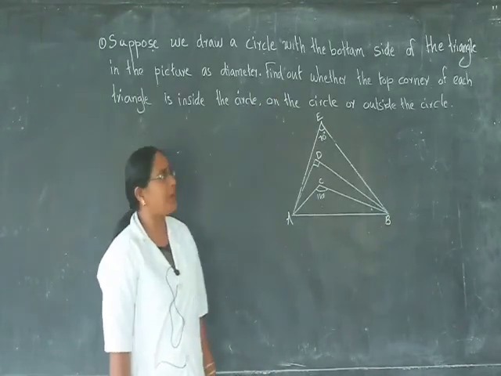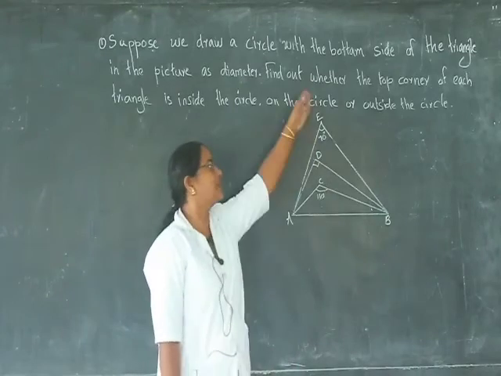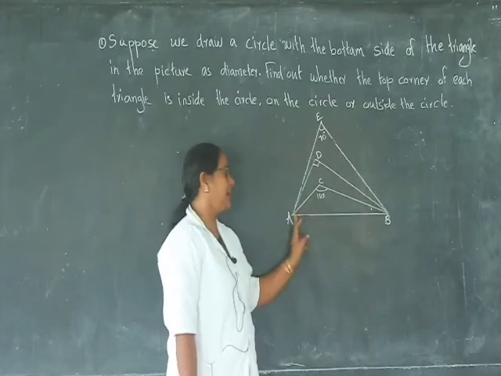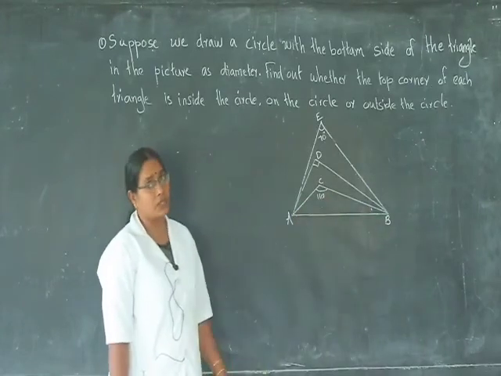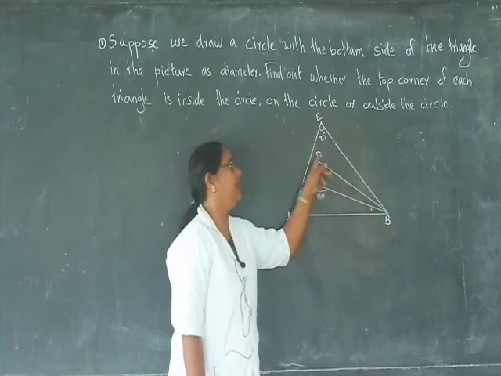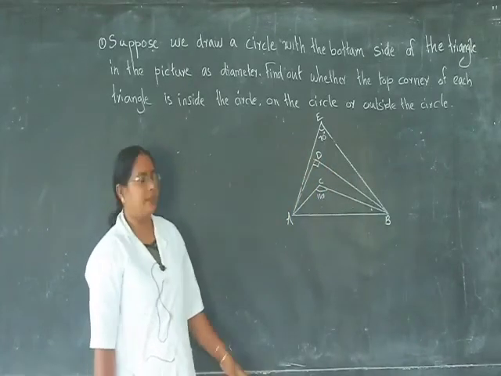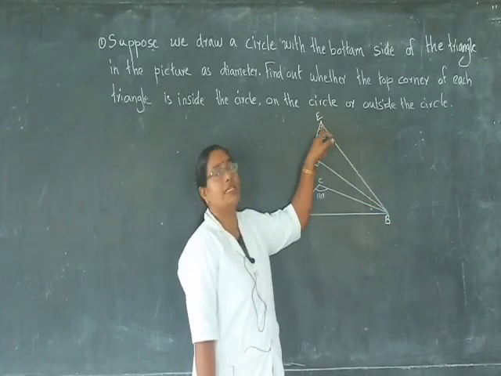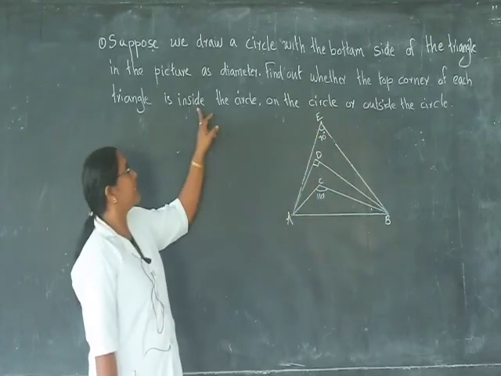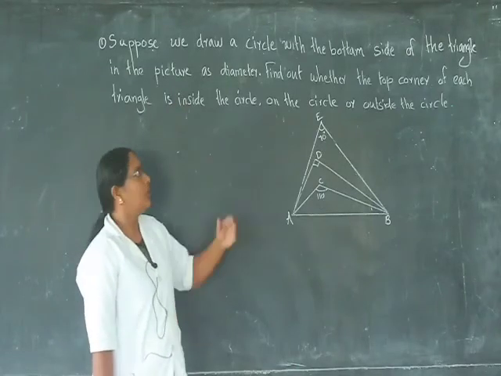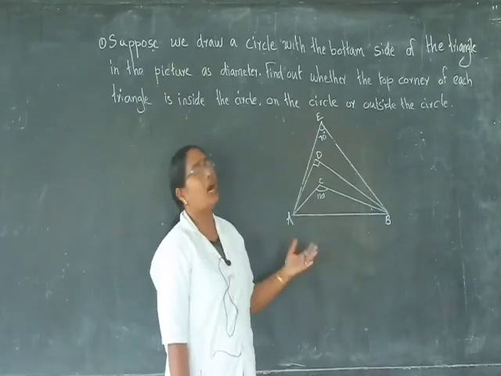whether the top corner of each triangle, here three top corners. The first triangle is ABC, its top corner is C. The second triangle is ABD, top corner D. The third triangle is ABE, its top corner is E. Inside the circle, on the circle or outside the circle.